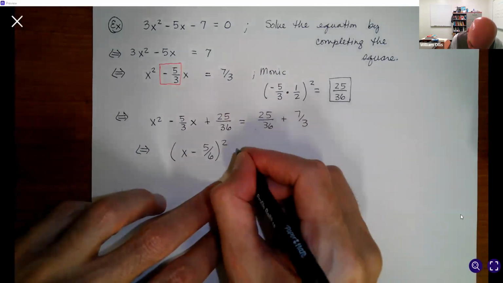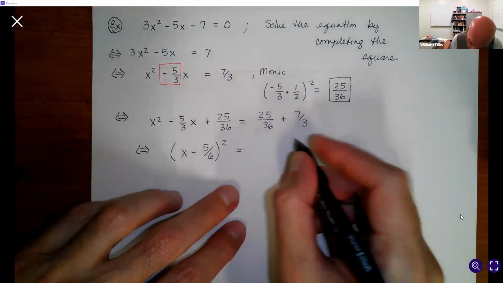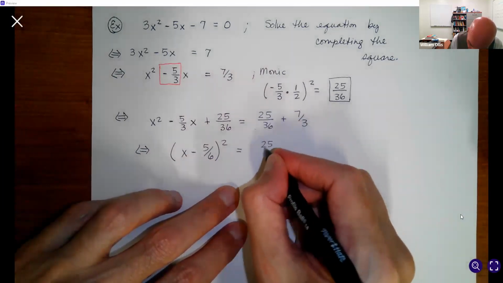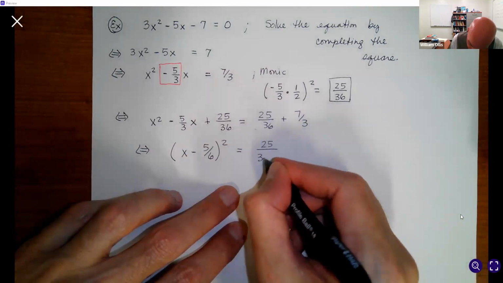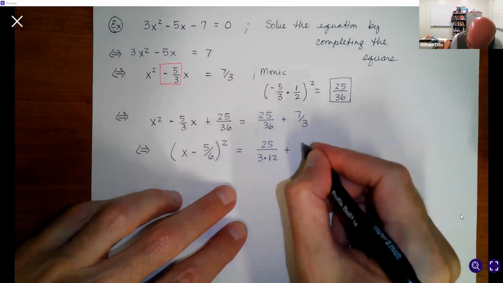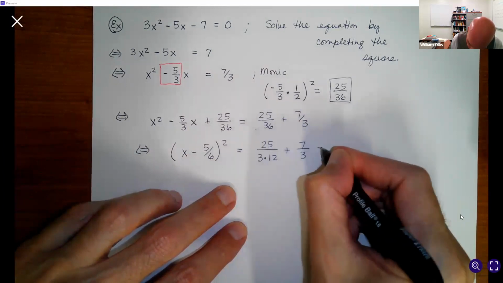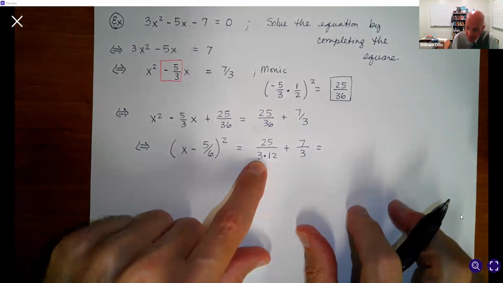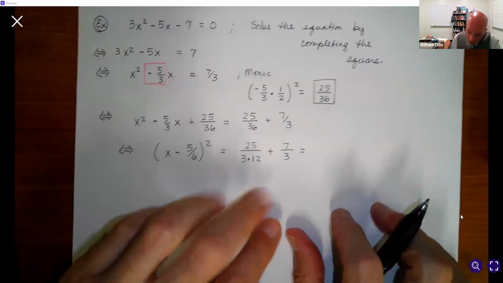And now on the other side, we just want a common denominator. Let's write this in a suggestive way. 36 is just 3 times 12, plus 7 over 3. So by factoring this, we see that we need a 3 in the common denominator, and we also need a 12.